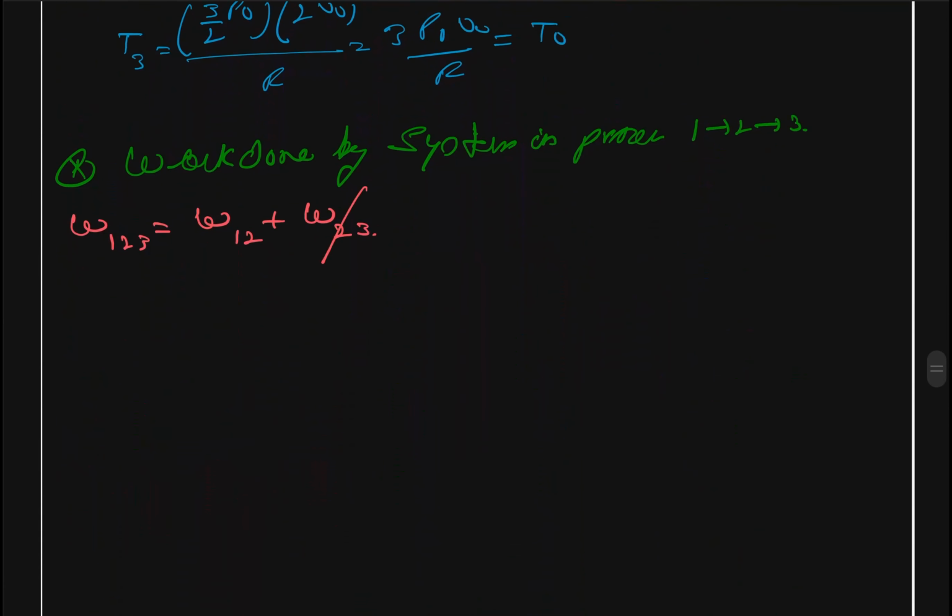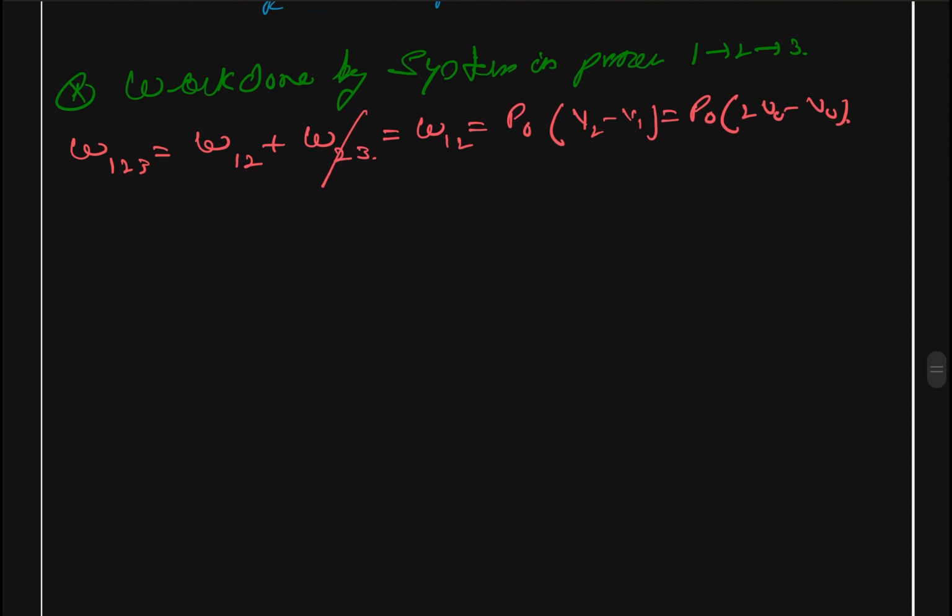So this will be equal to the work done from 1 to 2, which is P0 times the difference in volume, P0 times (2V0 minus V0). And from here we get that W 1, 2, 3 will be equal to P0 V0.